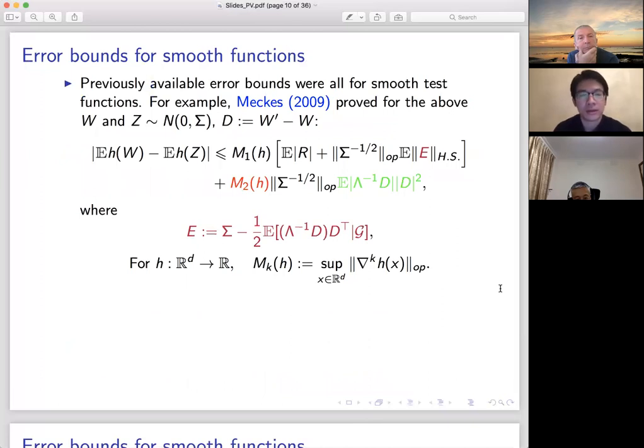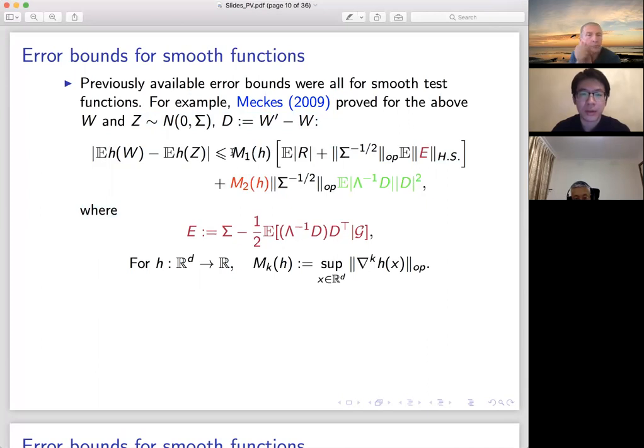However, all the results in the literature are for smooth test functions. So for example, Meckes proved the following result. For the above W, assuming this exchangeable pair structure, and for Z following a multivariate normal with mean 0 and the same covariance matrix sigma, and using D to represent the difference between this exchangeable pair W prime and W, she obtained this upper bound for the absolute value of the difference between the expectation of h(W) and the expectation of h(Z).